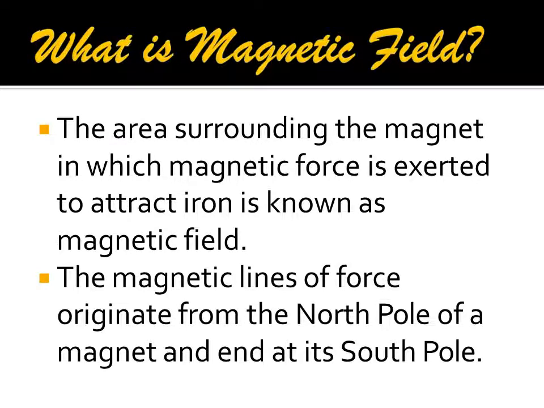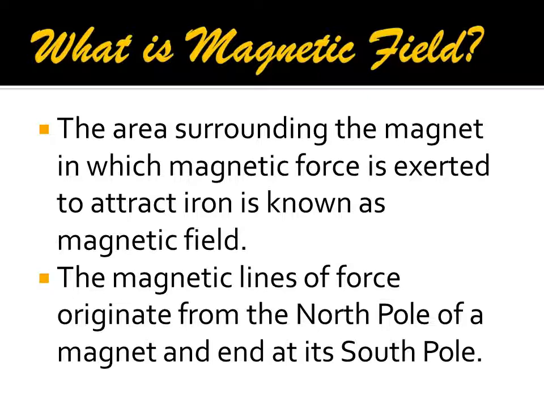Now let's talk about magnetic field. The area surrounding the magnet in which magnetic force is exerted to attract iron is known as magnetic field. That means if you have a piece of magnet and an iron filling or an iron nail is far away from you, say about 10 meters or 5 meters or even 3 meters, does the iron nail get attracted to the magnet?